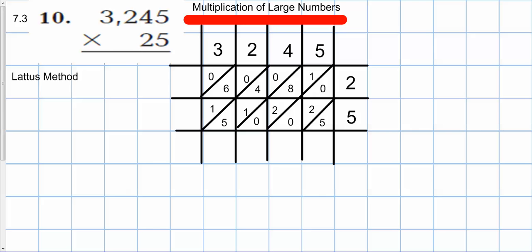Now, here's the part that could be most confusing. What do I add together? Now, I'm going to highlight things just to make it a little bit easier for you to understand what we're adding together.